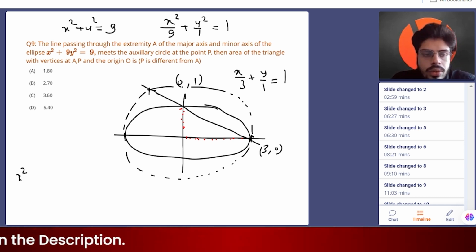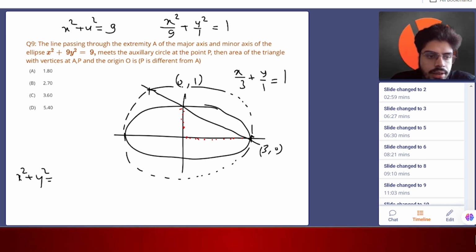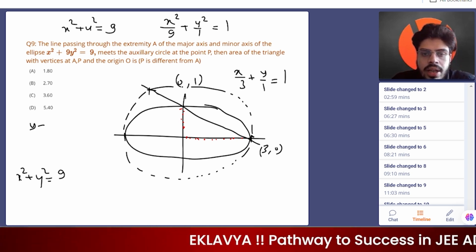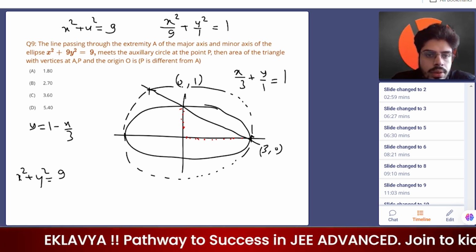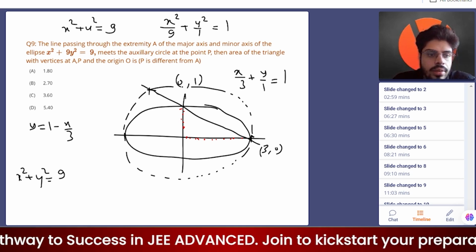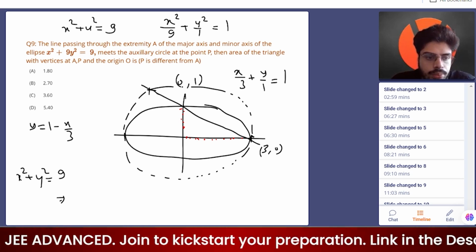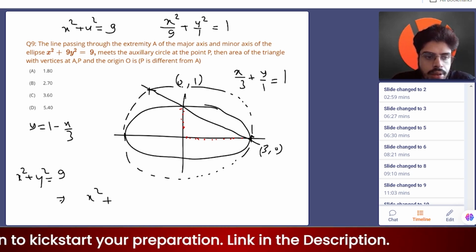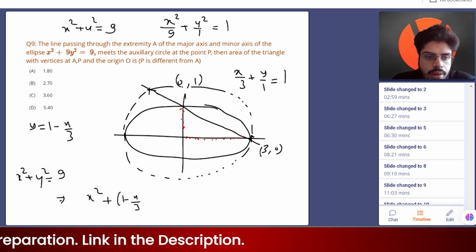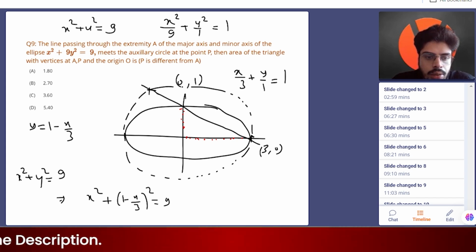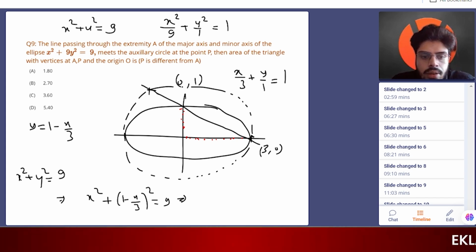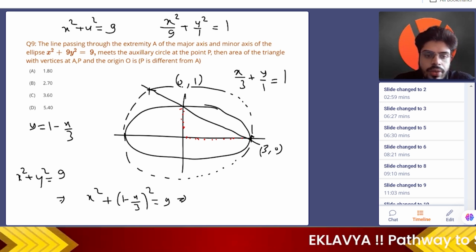Okay. So the equation of the circle is x square plus y square equal to 9. And from here I will have y is equal to 1 minus x by 3. So if you put y here, you will get x square plus (1 minus x by 3) whole square equal to 9. Okay. What is the quadratic that is forming?